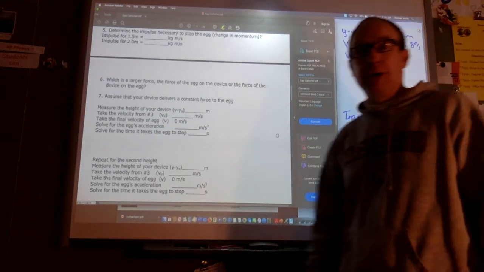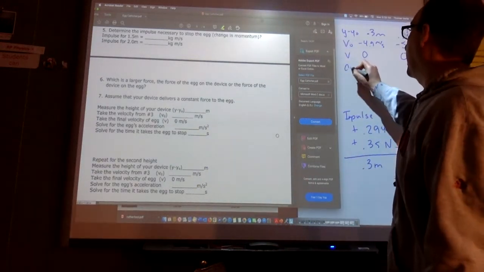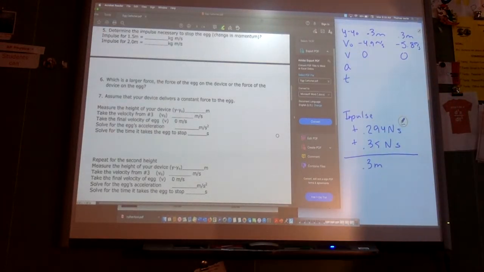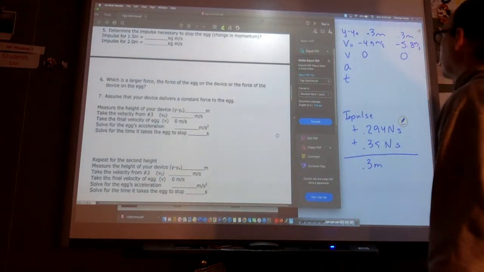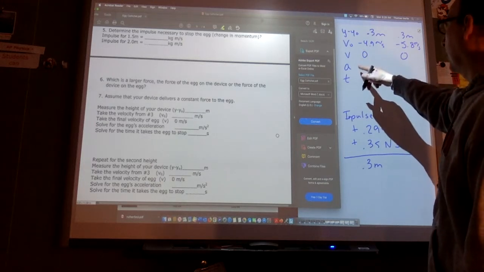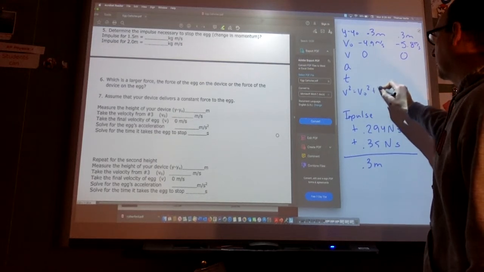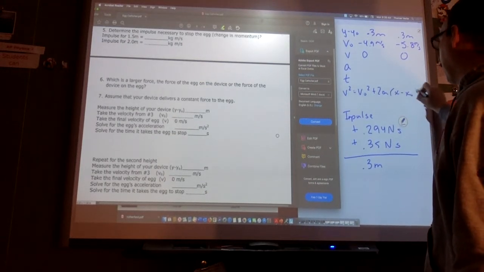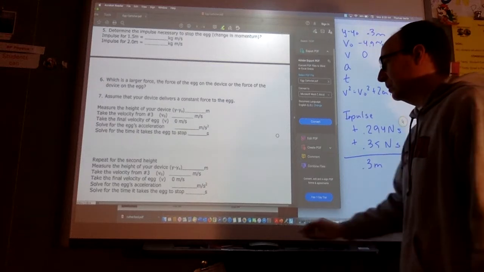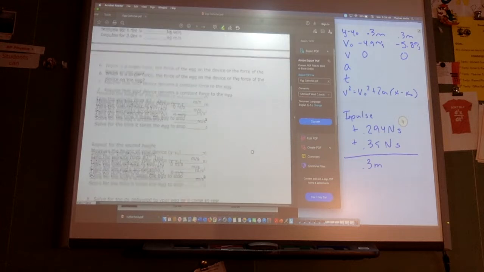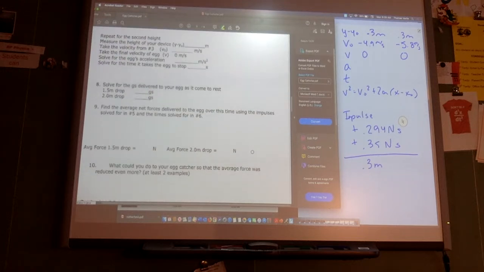Whether they cracked or not, right, they're going to stop. And I can get what my acceleration is and then also what my time is. So for this, I can say that v squared equals v naught squared plus 2a times (x minus x naught). Do I need the impulse again? Yes.